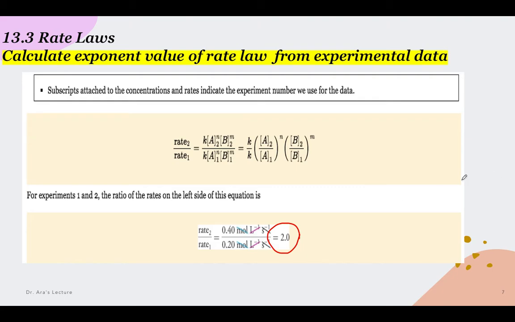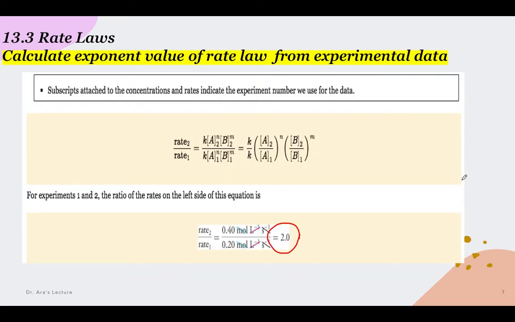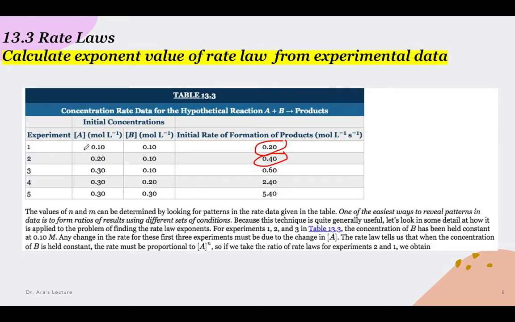Now what else can we calculate? Let's see. What else information do we have here? We have the concentration of A and concentration of B for experiment 2 and for experiment 1. So that means we can also calculate the concentration ratio for experiment 2 and experiment 1.